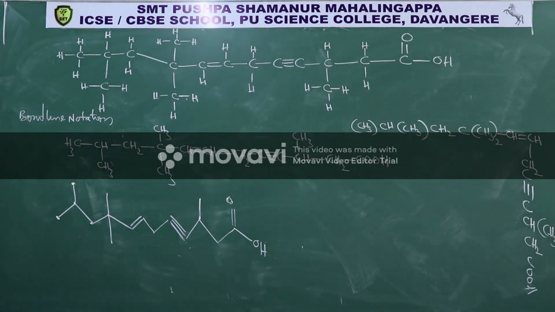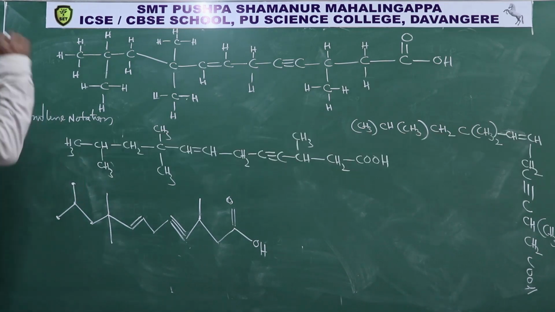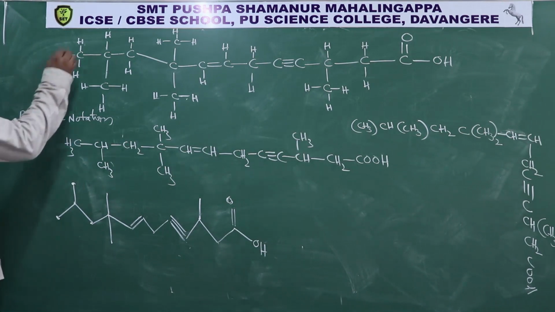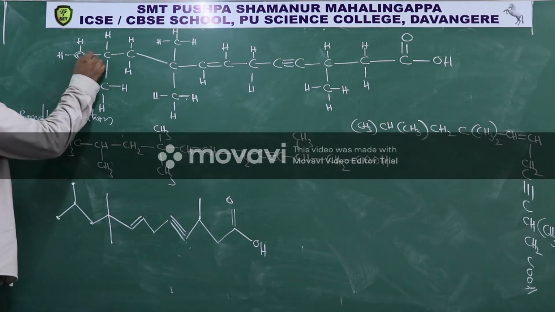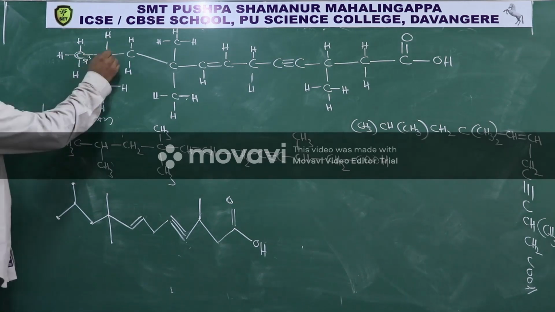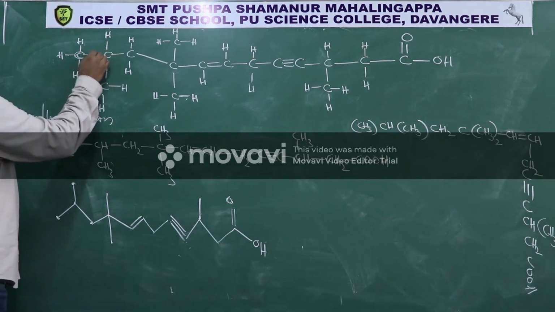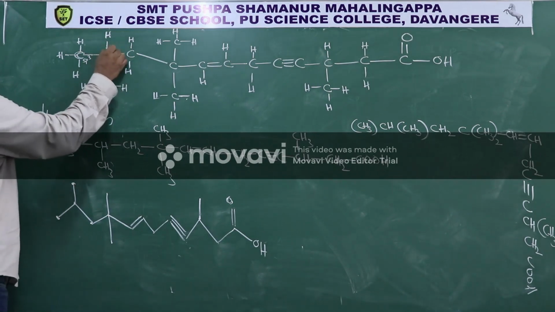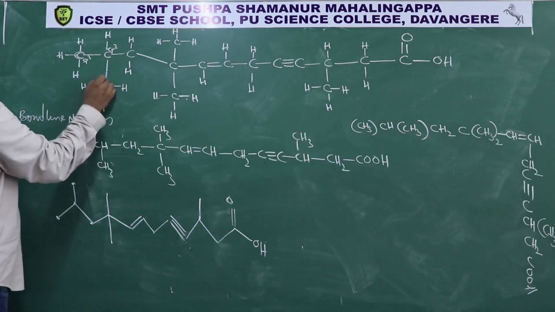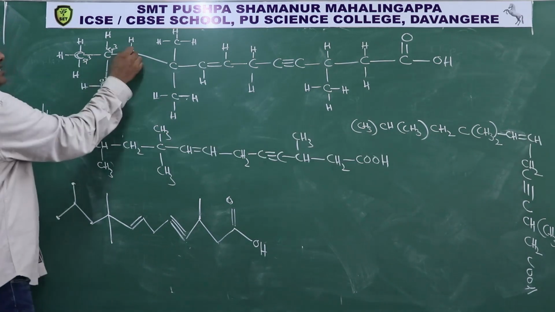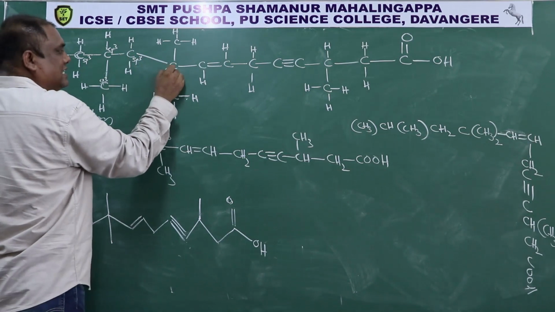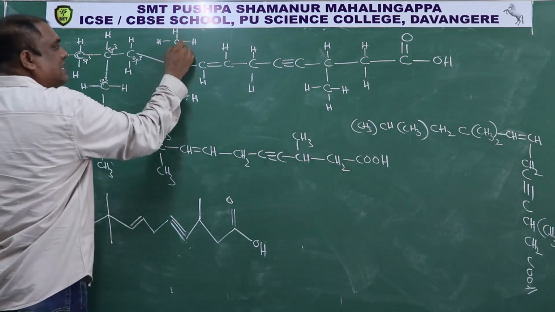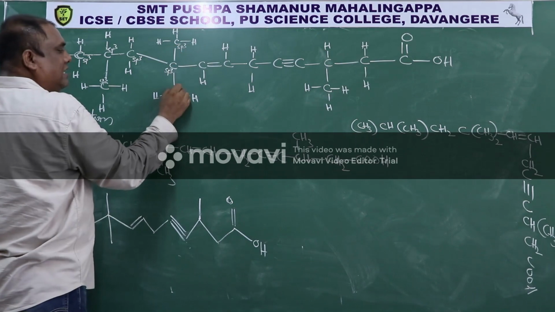So now which carbon undergoes what hybridization? This carbon has 4 single bonds, so it is sp3 hybridized. This carbon, 1, 2, 3, 4 single bonds, sp3. This is also sp3, this is sp3.